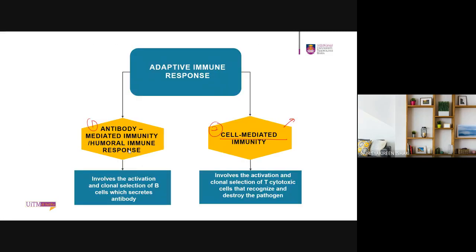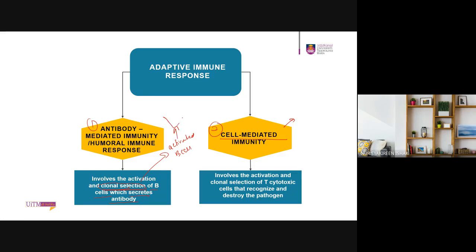So for the first one, antibody mediated immunity or humoral immune response involves the activation and clonal selection of B cells which secrete antibody. So clonal selection ni maksudnya bila B cell tu dah diaktifkan, it undergoes clonal selection.